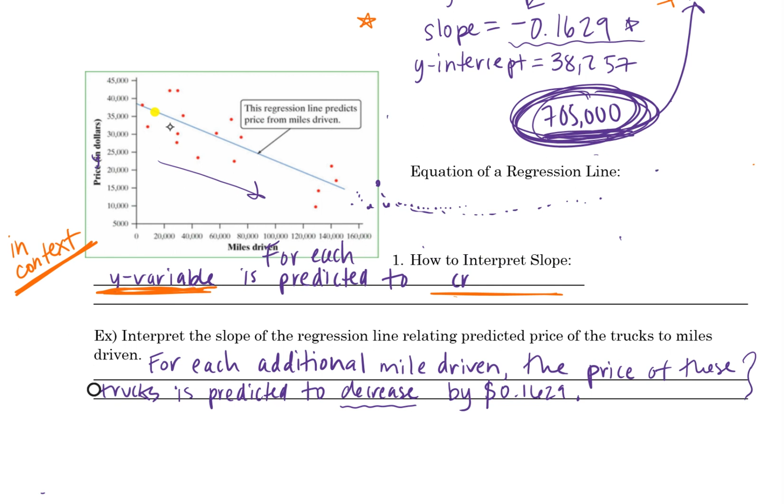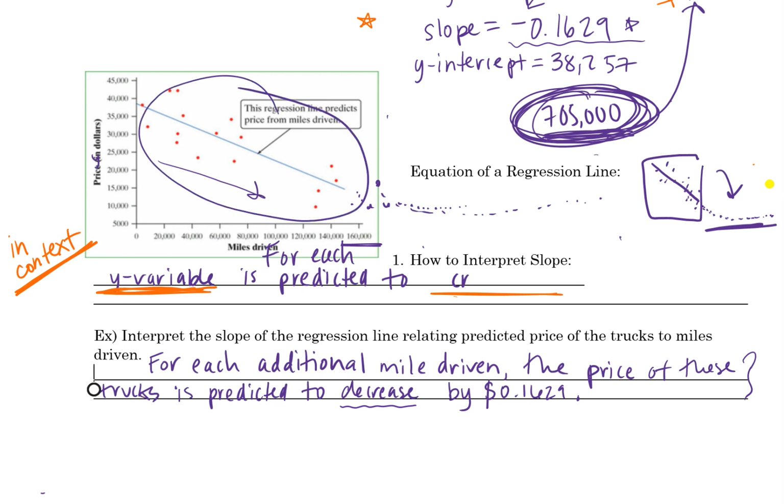So even though your data started off nice and linear, going down in a straight line, it is probably going to curve. After the range of the data, a linear model is no longer appropriate, because everything is going to be basically worth nothing since it has so many miles on it. So the moral of the story is the higher the number outside of the range of the data, the more you don't know if those numbers still fit the overall pattern of the original data.